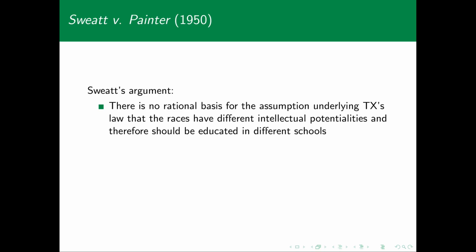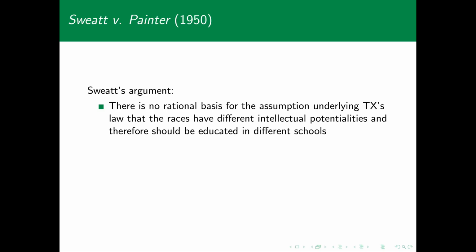So what that means is the Texas statute that created separate schools, the idea was, well, blacks have different intellectual potentialities. In other words, they're not as smart, so they should be educated in different schools. Sweat's arguing there's no rational basis for that claim. That's just sort of a wild claim, and they're not suggesting they need to show that there is a rational basis there.